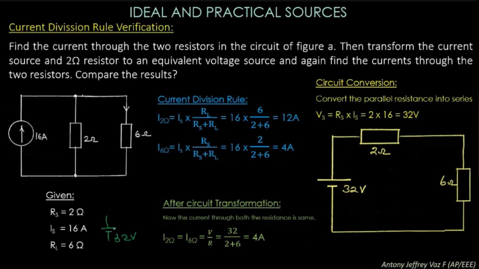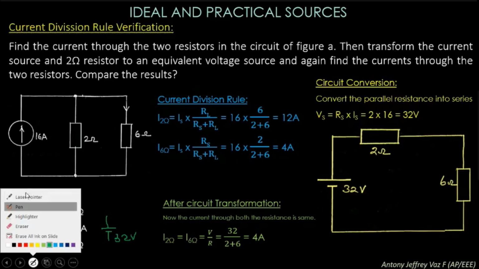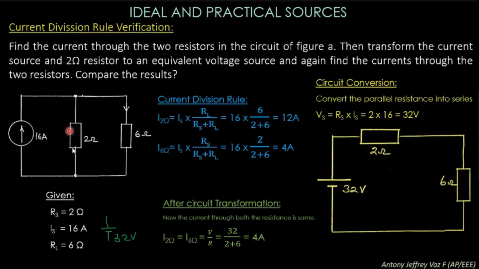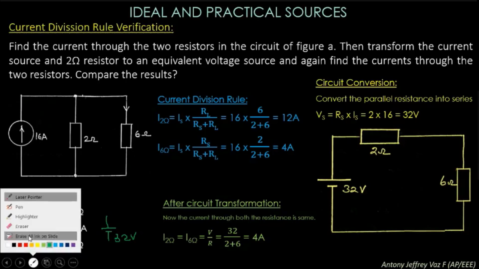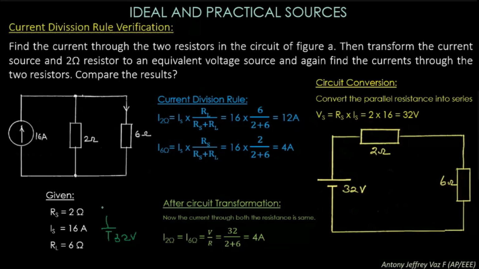Okay, first convert this thing to 32 volt. Then we need to convert this parallel resistance, that is the 2 ohm resistance, into series across this voltage source. So what we need to do is connect this resistance like this, and this is the 2 ohm resistance.